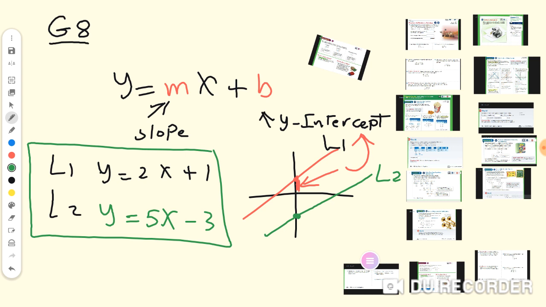What we want to study today is to compare these two equations and find out whether the system of linear equations has one solution, no solution, or an infinite number of solutions. If I give you a system of linear equations like this one, I have to decide which case it is.